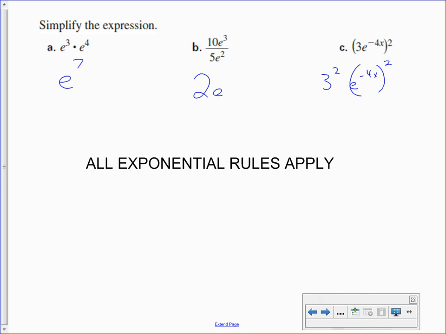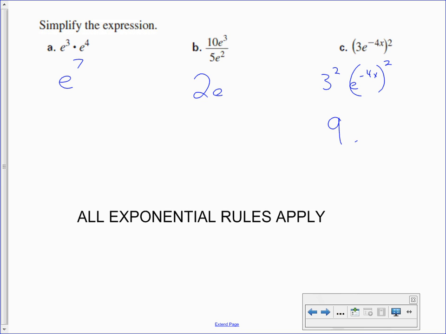So you wind up with 9e to the negative 8x. Is that e happy? No, it's a sad e. So that's 9 over e to the 8x. Okay.